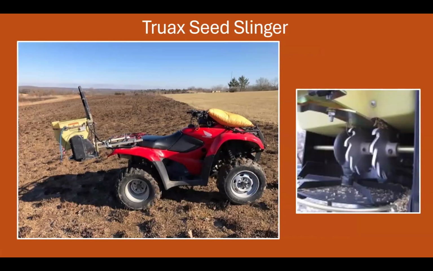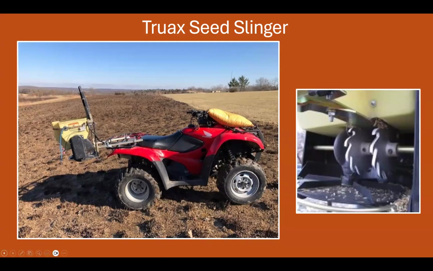So another option, one that is really easy for landowners if they don't have a lot of large equipment at their disposal. This is a Truax seed slinger, and it's an ATV mounted seed slinger. It has an auger, agitator, and picker wheels here to help distribute the fluffy seeds that are within these forb mixes here.